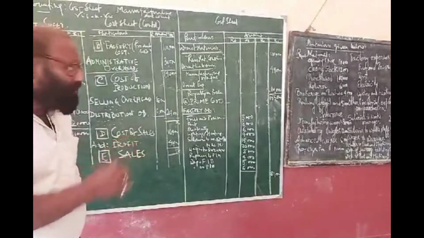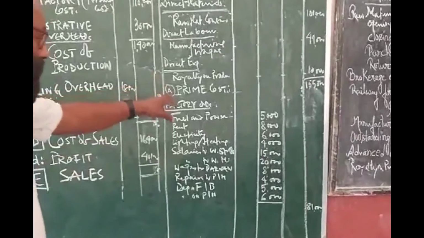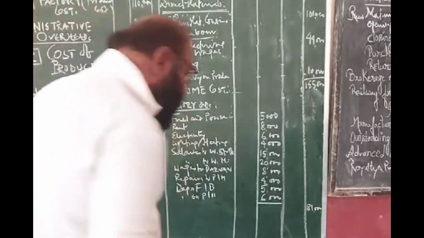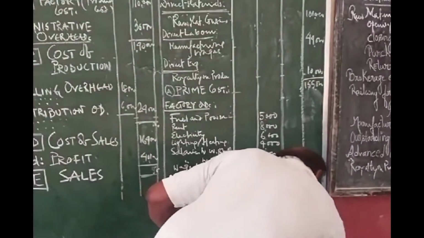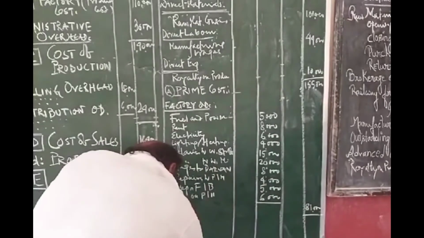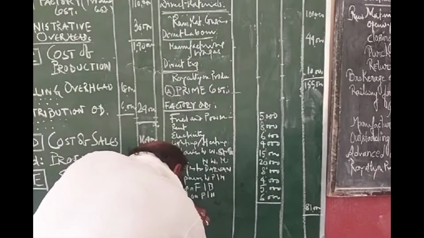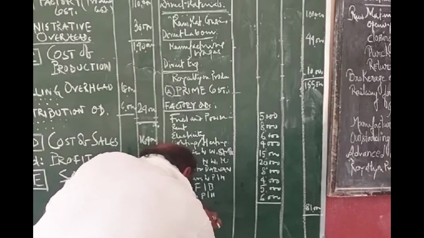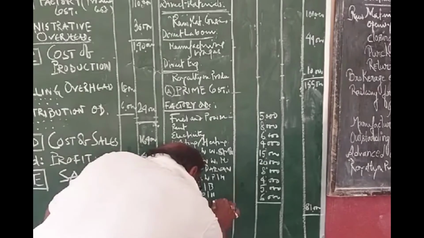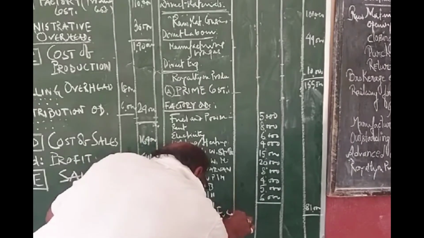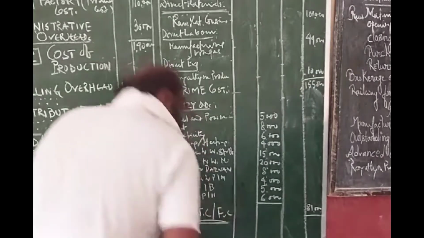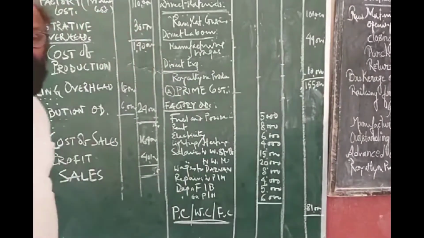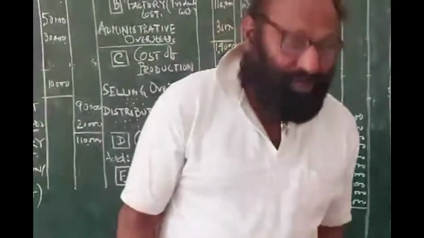Now this is factory overhead. So how much have we got? Prime cost plus factory overhead will constitute production cost or works cost or factory cost. Clear?